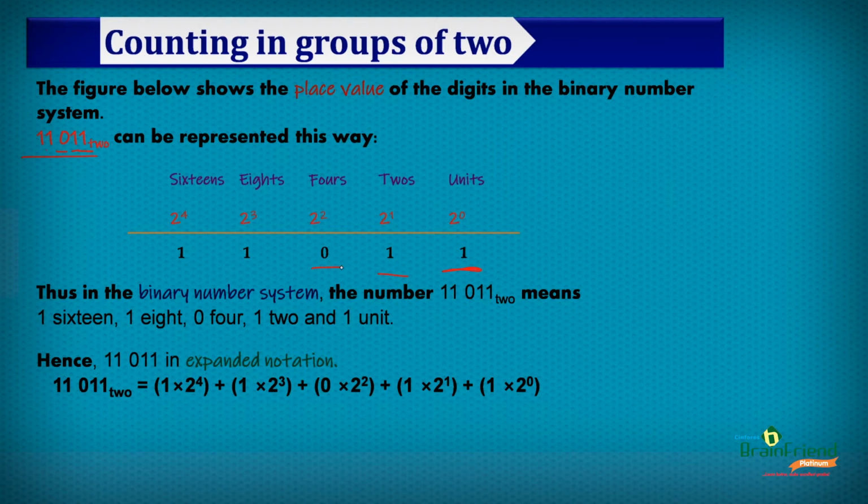And the fourth and fifth digits as well come under 2 raised to power 3, that is 8, and 2 raised to power 4, that is 16, respectively. So this is how we represent the number 11011 in base 2. In expanded notation, the number can be written in this manner.